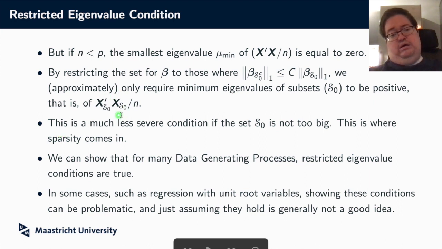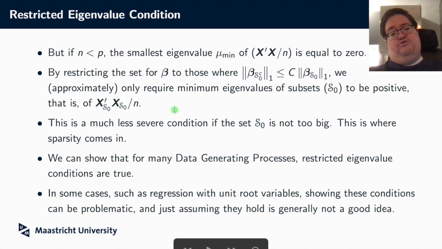So if you look at the x prime x matrix of those few relevant variables, that is much more likely to have a minimum eigenvalue larger than 0, because already the dimension is smaller than n. So we need a small set S0, which is what the sparsity condition gives us. And if that is the case, then the eigenvalues are much more likely to satisfy that relation.